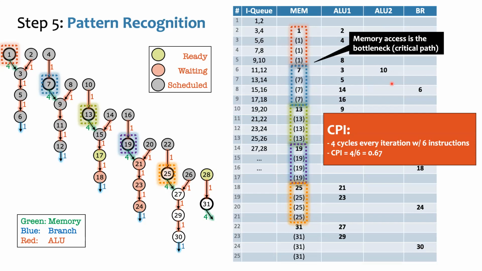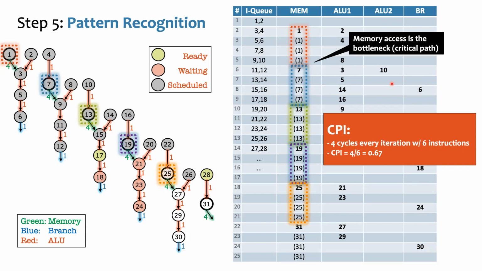Okay, so the kind of CPI we're calculating right now is called steady state CPI, which means the rate at which you can bring instructions into your pipeline and also complete the execution. The latency of each individual operation doesn't matter. When it comes to the additional 3 cycles, I think you're thinking about the latency of that memory instruction.